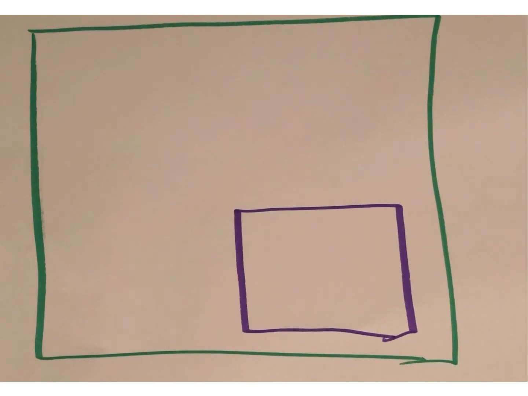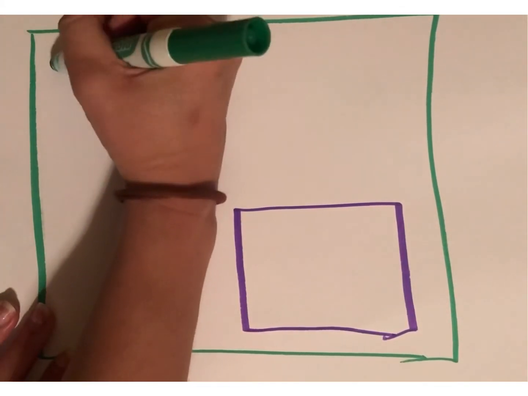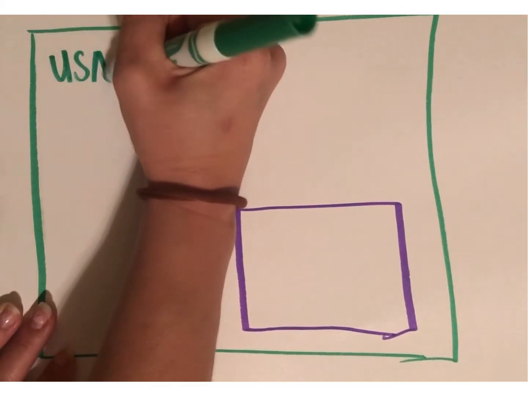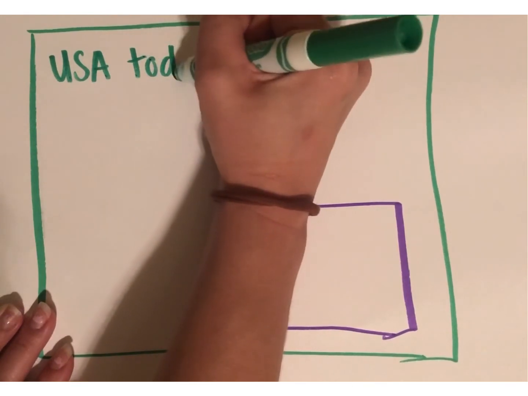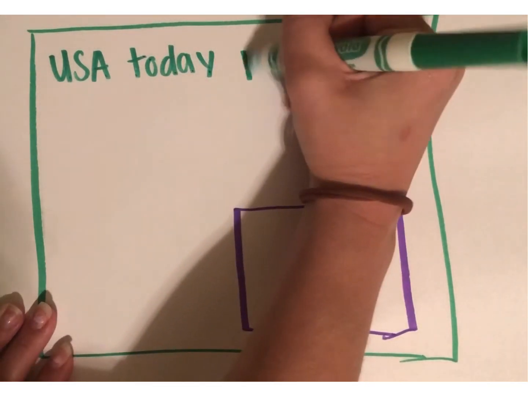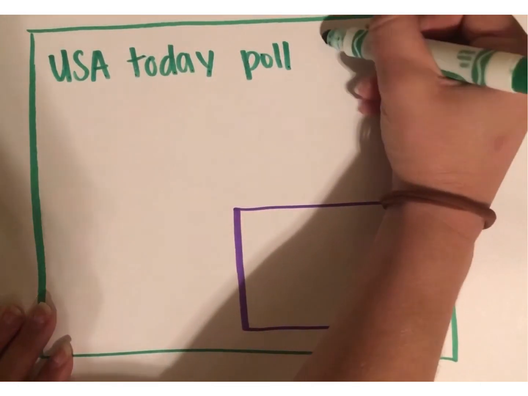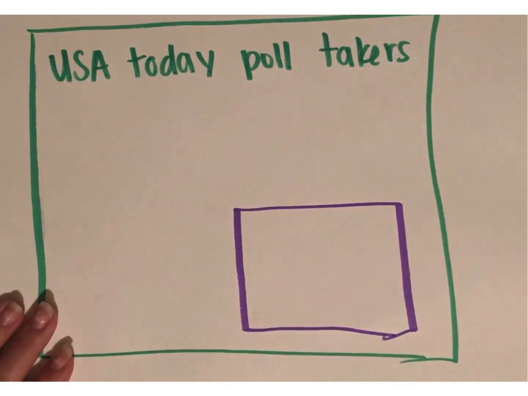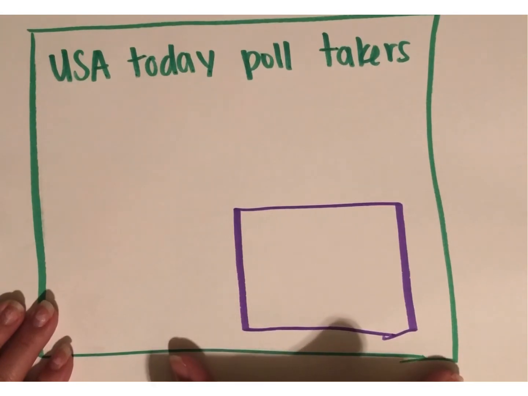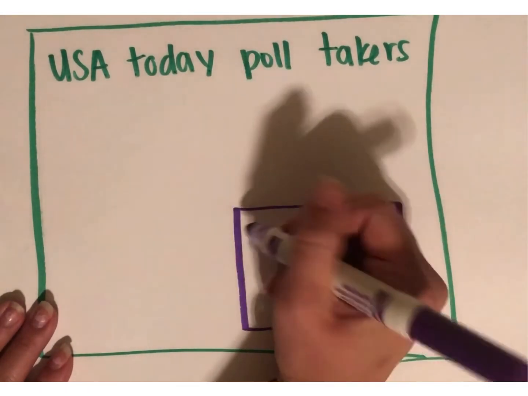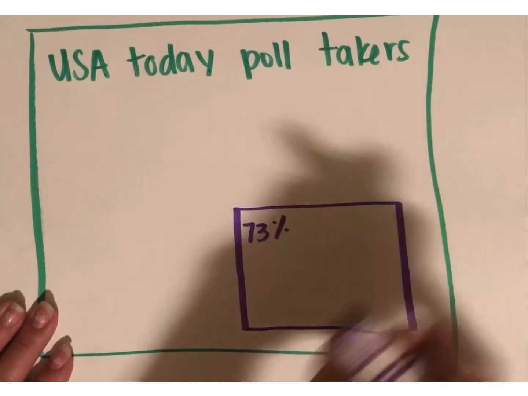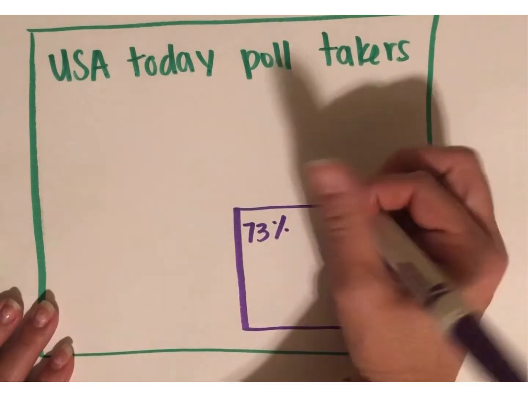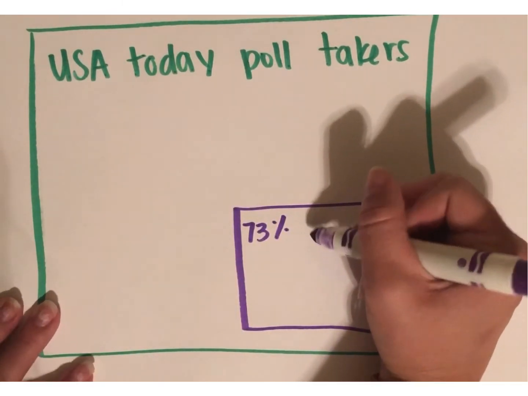Well, if the people that are taking the poll have to read the USA Today, our whole population is going to be the USA Today poll takers. That is our whole group. And then our subset of that group is going to be the 73% that were satisfied with their lives.